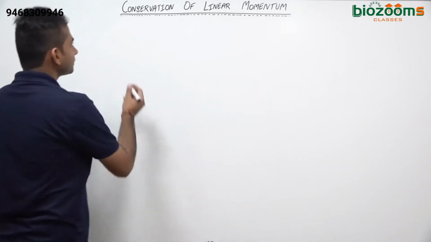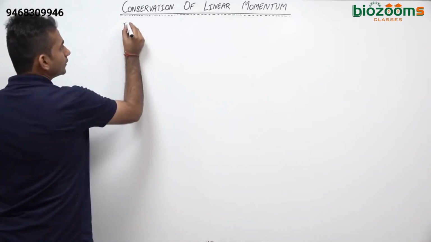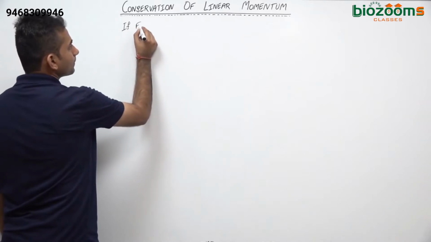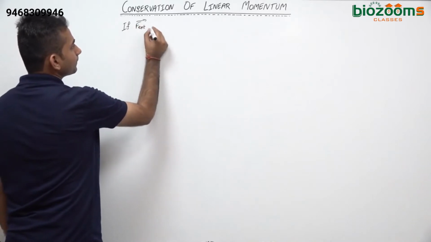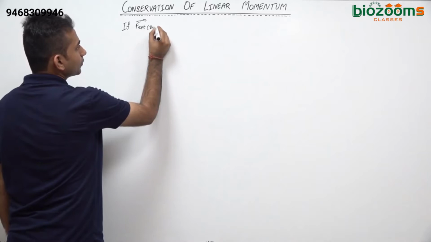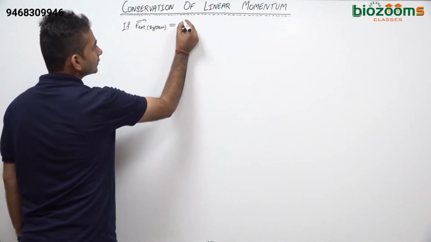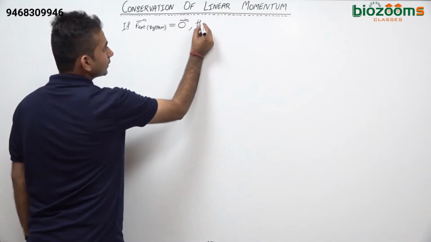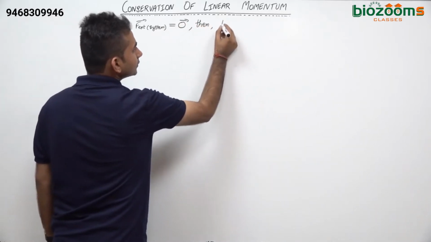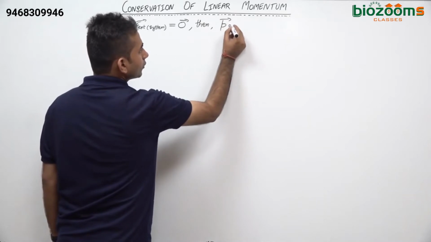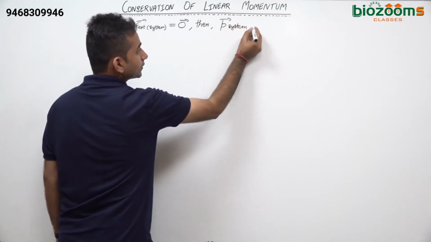According to this principle, if the external force acting on the system is zero, which means there is no external force acting on the system, then in that case the linear momentum of the system will remain constant or conserved.